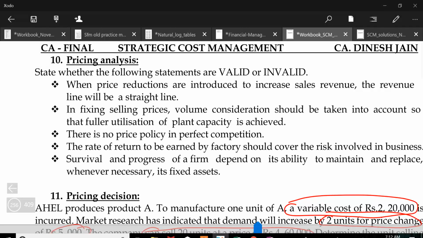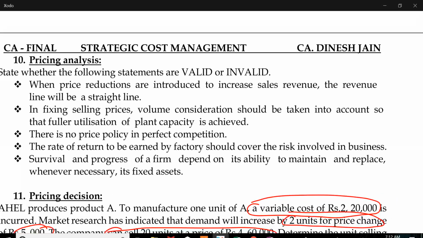Question 10. State whether the following statements are valid or invalid. When price reductions are introduced to increase sales revenue, the revenue line will be a straight line. Any idea what they are trying to indicate here?